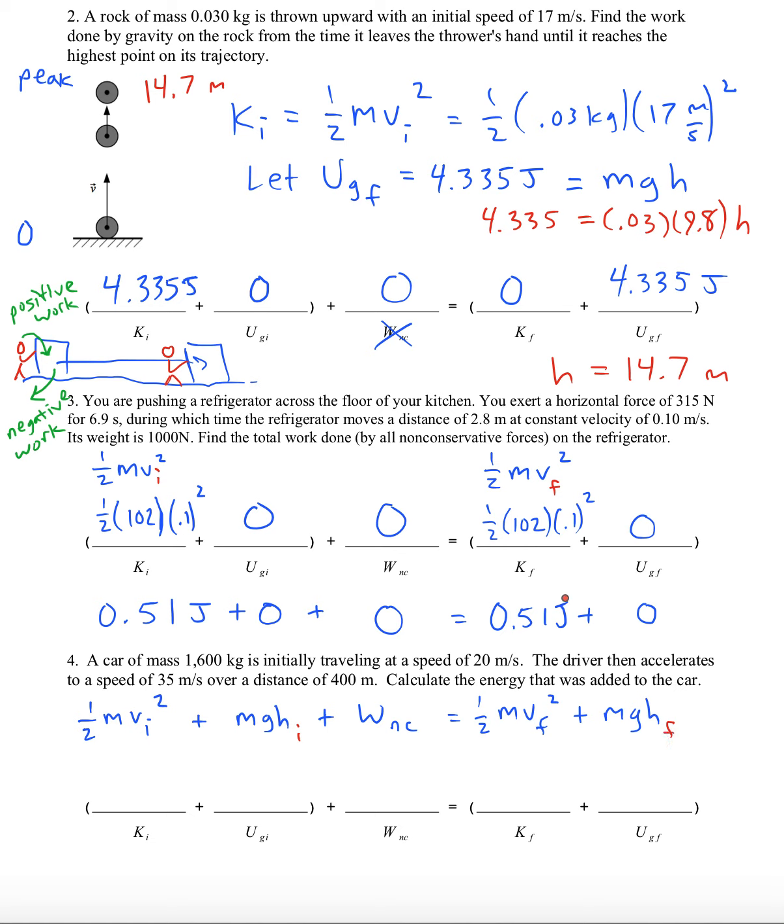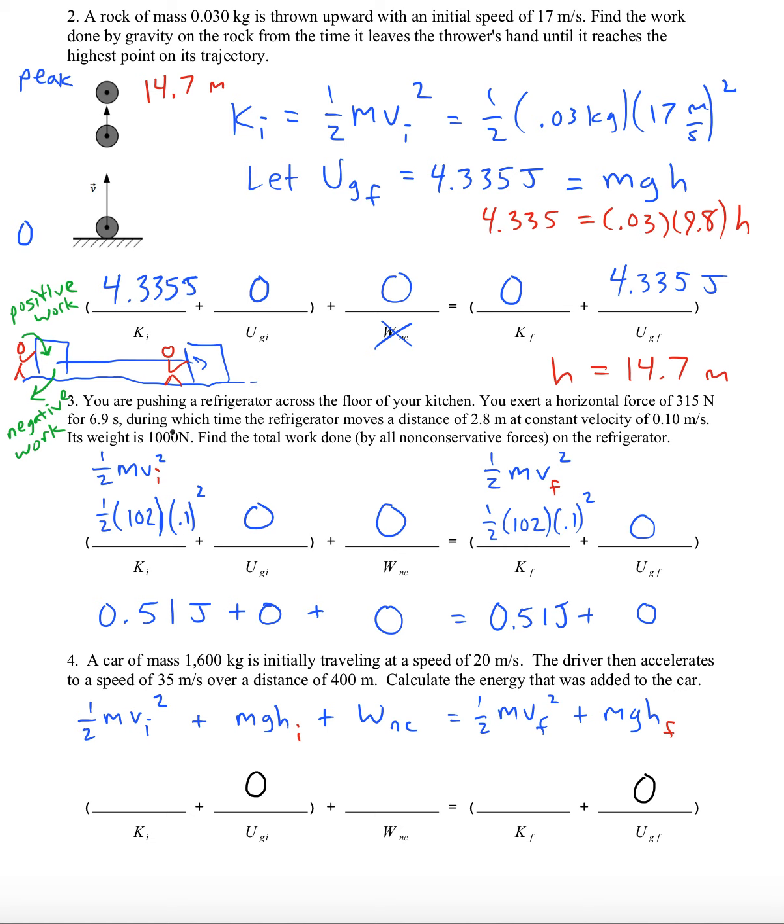That's the final height. And this is a car just on a level road, we assume. So the gravitational potential at the start is 0, and the gravitational potential at the end is 0 too. It's all based on height and mass and g.